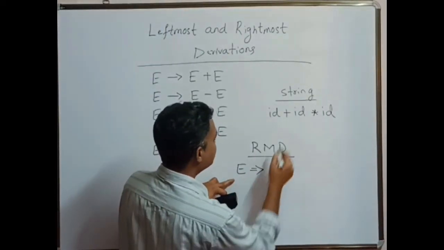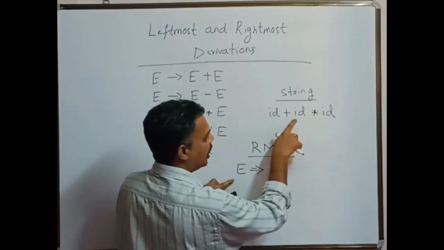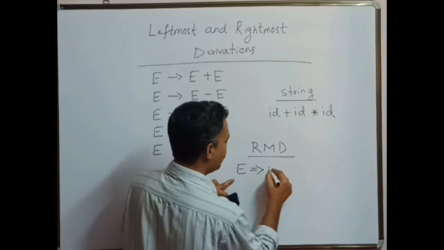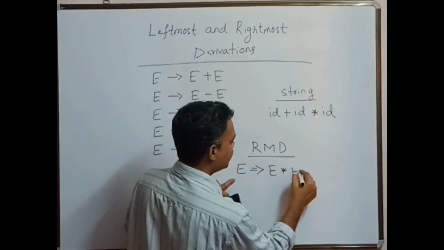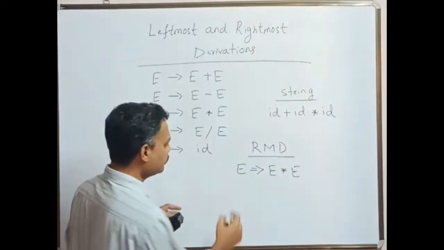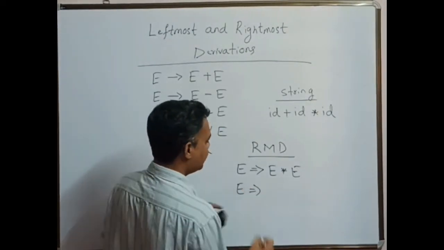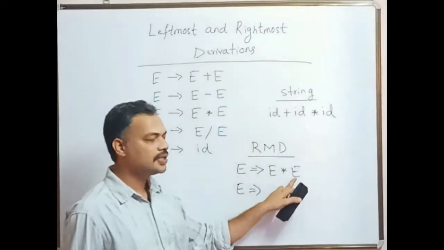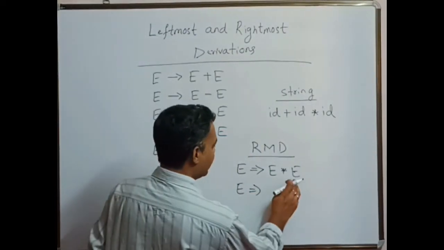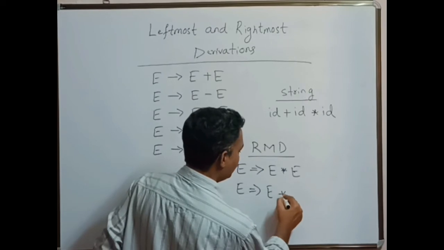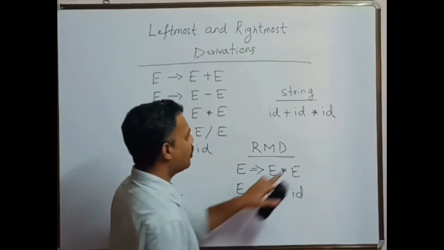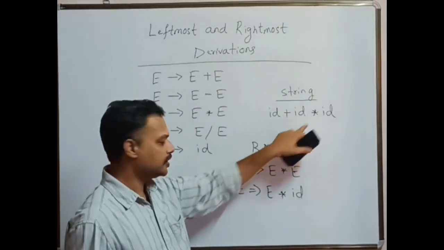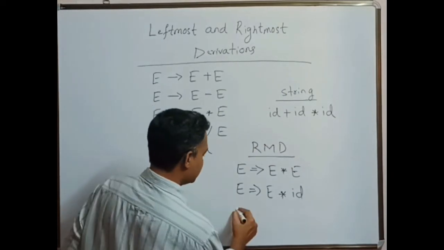Now E derives, I am concentrating on the rightmost part, so I will choose this production, that is E star E. Now since I am performing rightmost derivation, I have to replace the rightmost variable only. If I replace this with ID, I get this one and the multiplication operator. Now I can replace this.